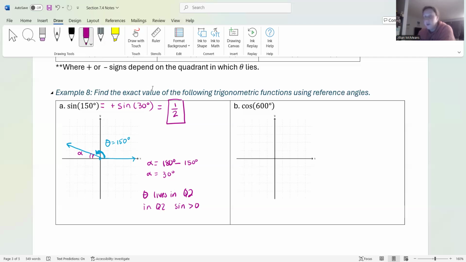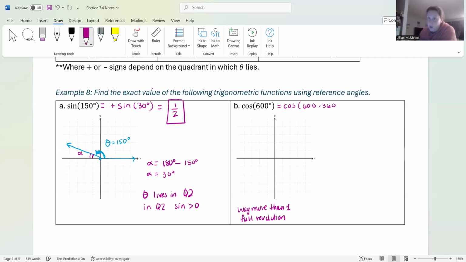Okay, now let's look at cosine of 600 degrees. Now, right off the bat, we know that 600 is more than one full revolution. So cosine of 600 degrees is going to equal cosine of 600 minus 360 degrees.